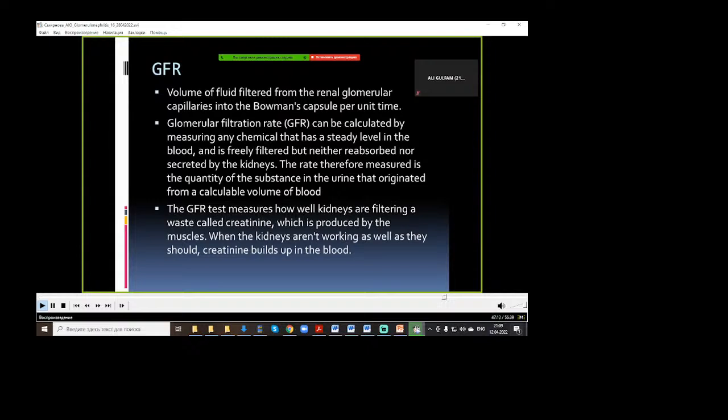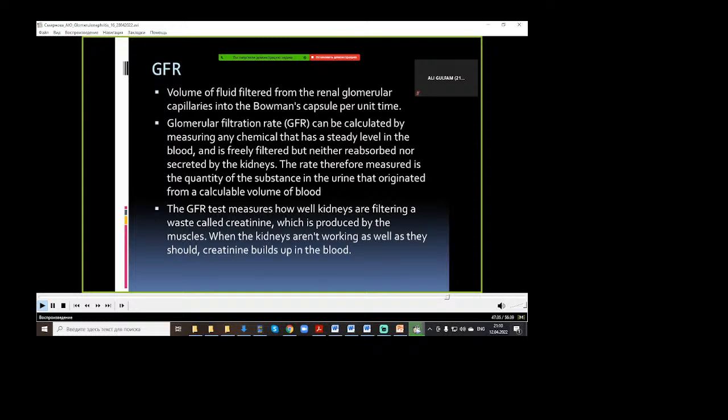The rate therefore measured is the quantity of the substance in the urine that originated from a calculable volume of blood. The glomerular filtration test measures how well the kidneys are filtering a waste called creatinine, which is produced by the muscles.